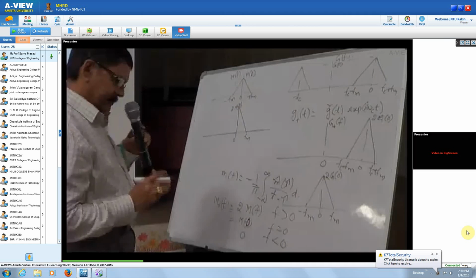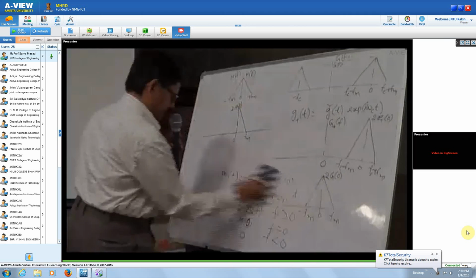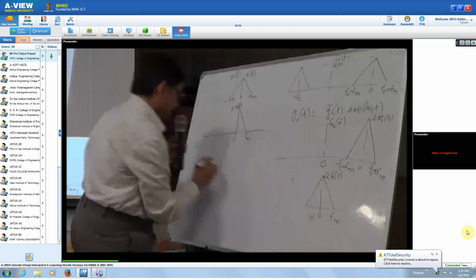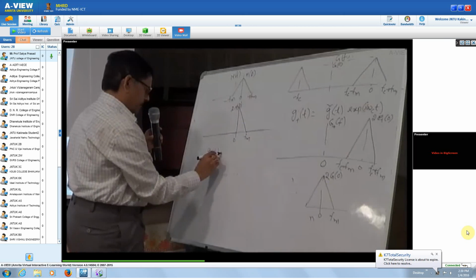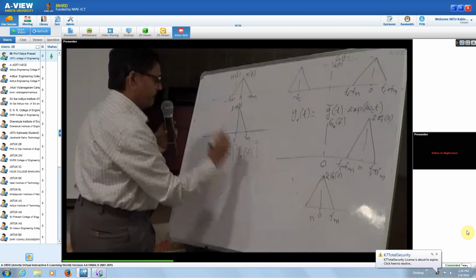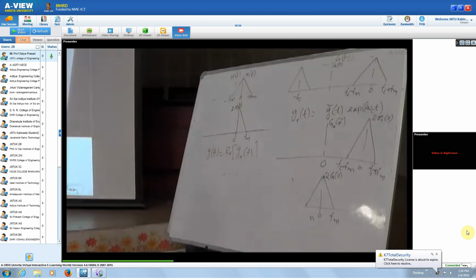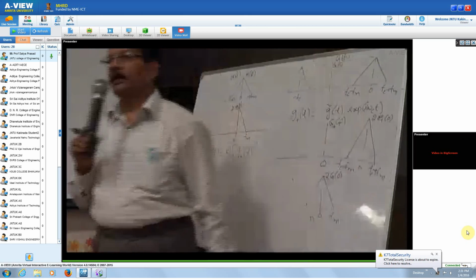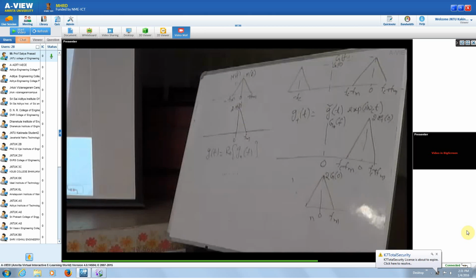And what is our G of t? It is the real part of G plus of t, right? And what is G plus of t? G hat of t into the exponential function. And what is G hat of t? It's a complex function.